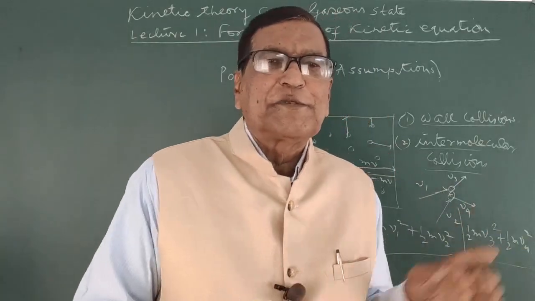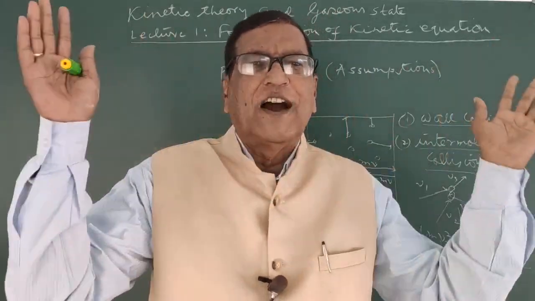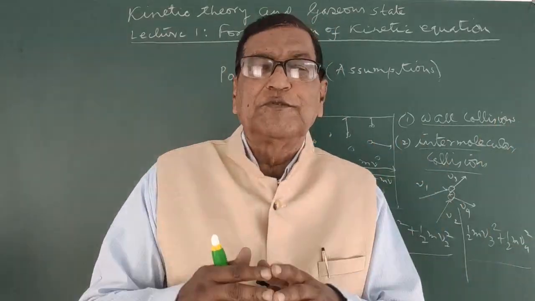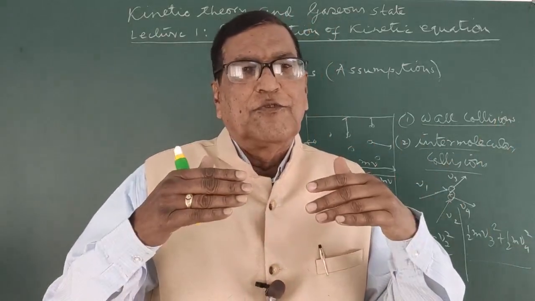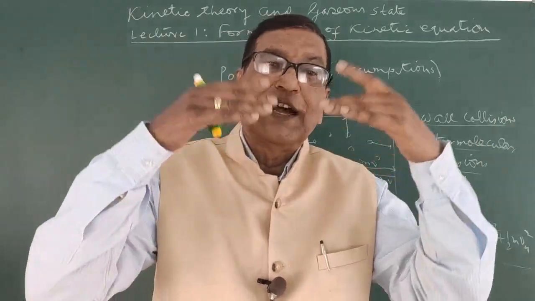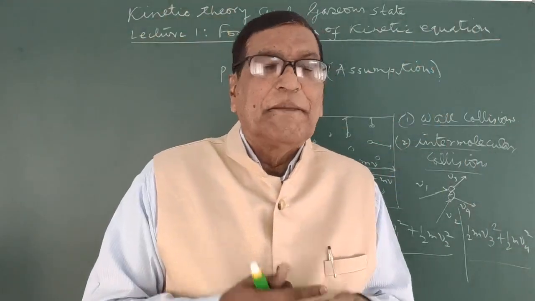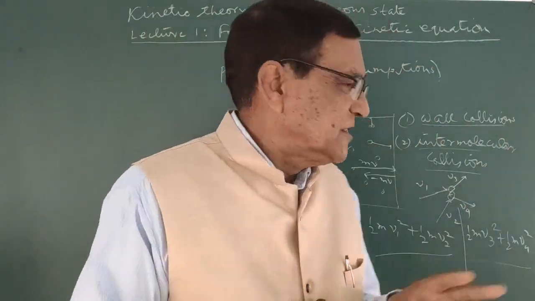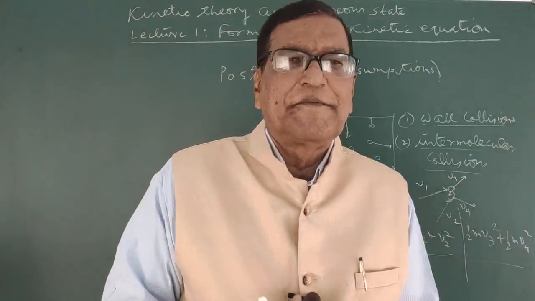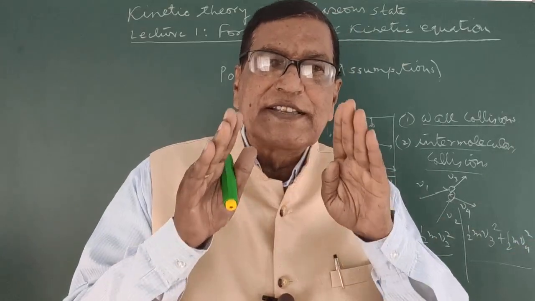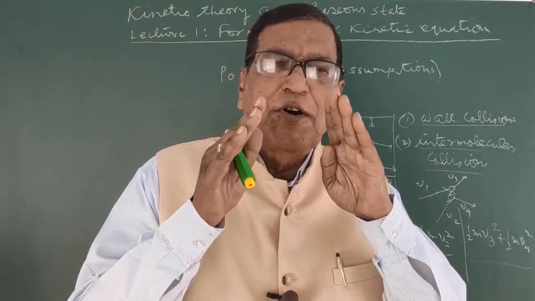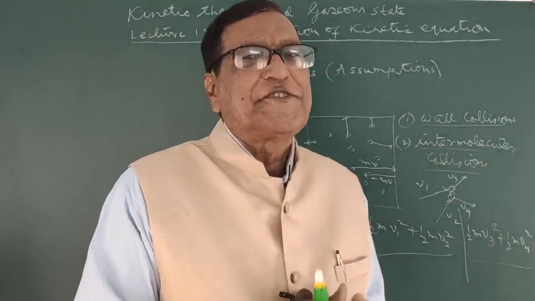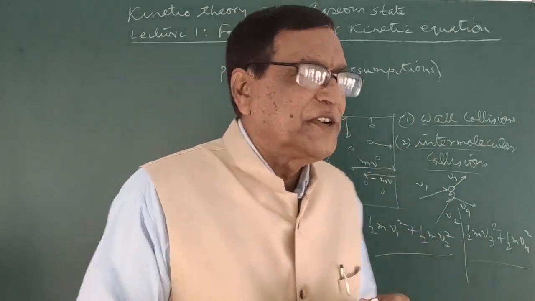So the number of intermolecular collisions is very, very high. So the speed of the molecules is also changing at that rate. But whatever may be the change in speed of the molecules, the average kinetic energy of the molecules only depends on temperature.